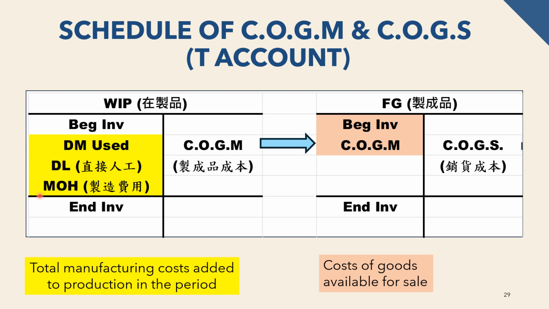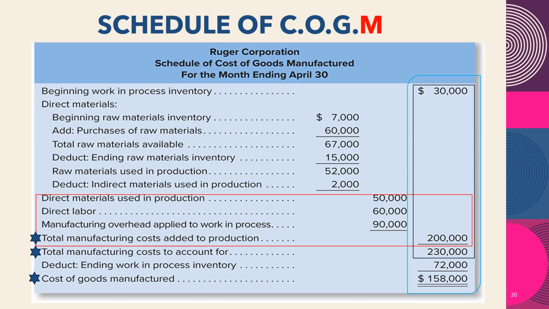This yellow part, direct material used, direct labor, and manufacturing overhead applied, are called total manufacturing costs added to production in the period. Beginning inventory plus cost of goods manufactured, you will get the cost of goods available for sale. This is a detailed schedule of cost of goods manufactured for Raja Corporation.